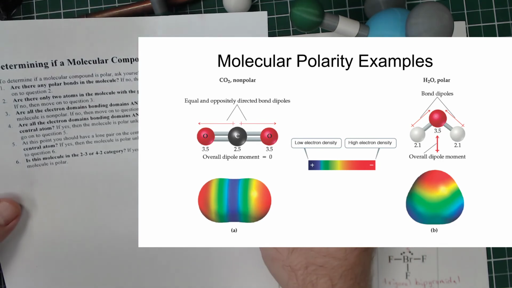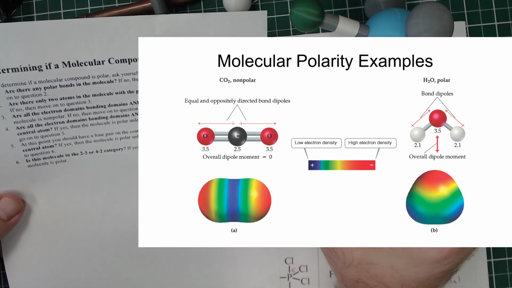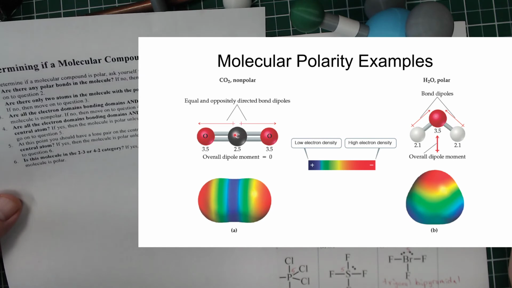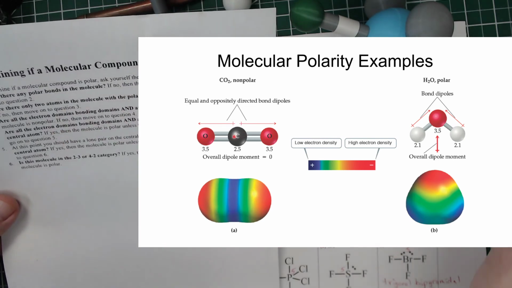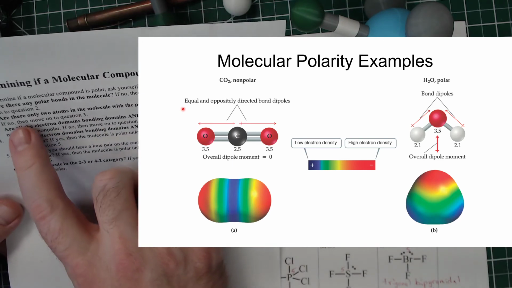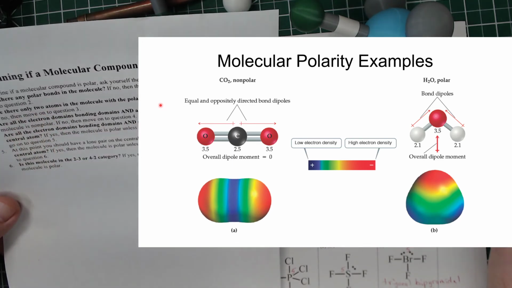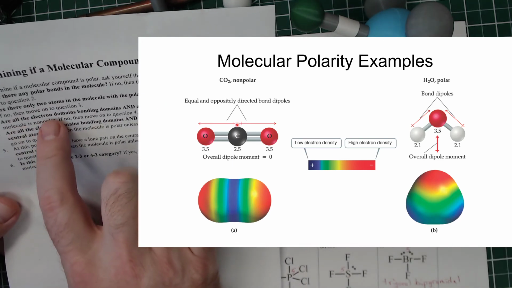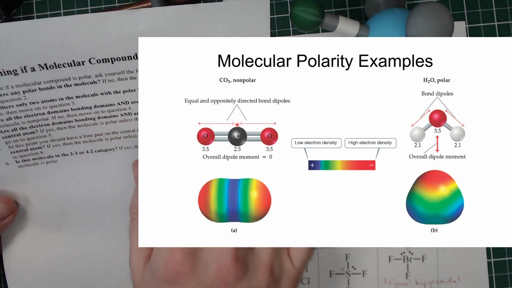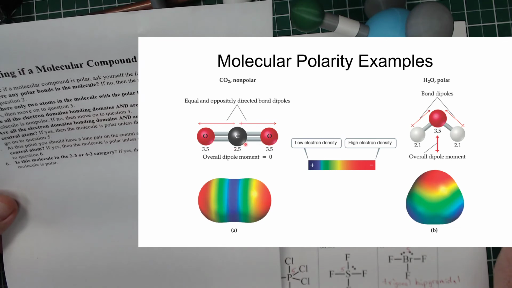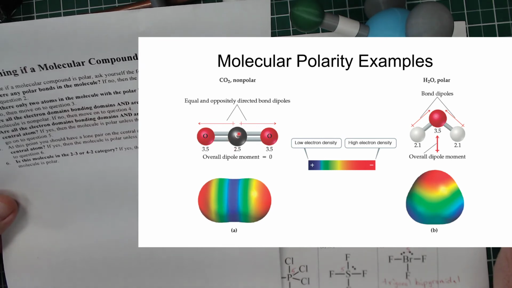So if we look at the carbon dioxide molecule right here, it asks, are there polar bonds in the molecule? Yes, then we're going to move on. Are there only two atoms? No, there's more than two atoms. Are all the electron domains bonding domains, and are all the atoms identical? Yes. We do have two bonding domains, and there's no non-bonding domains.